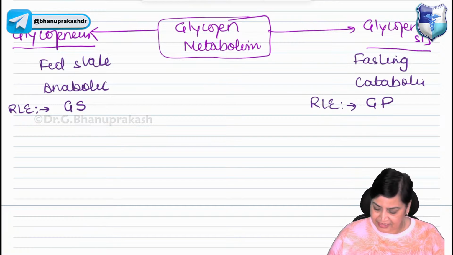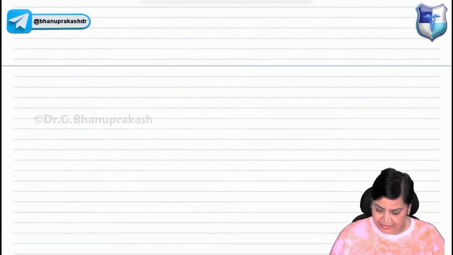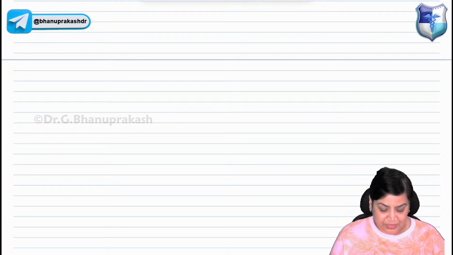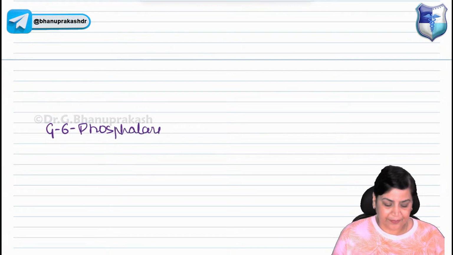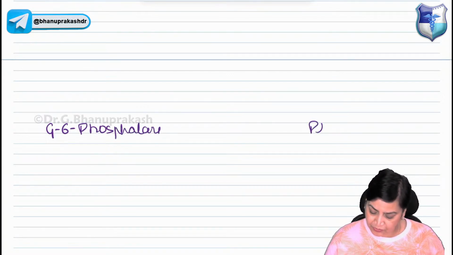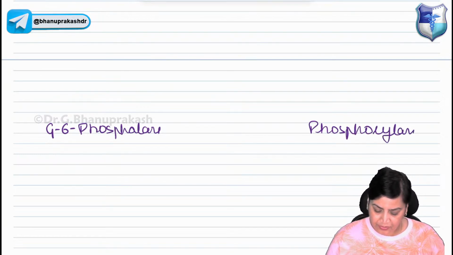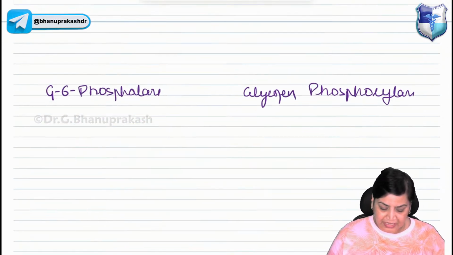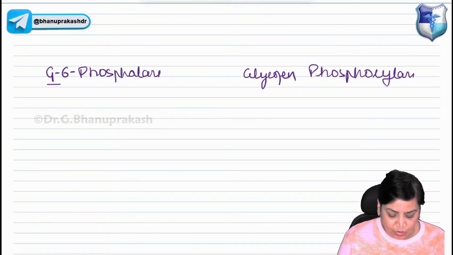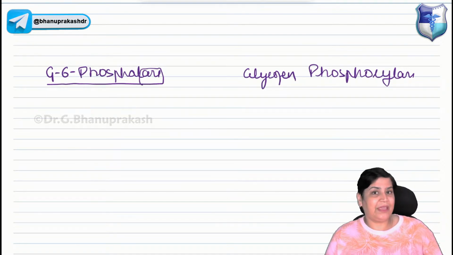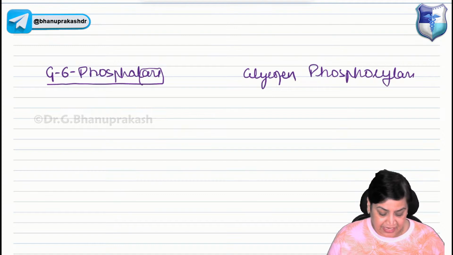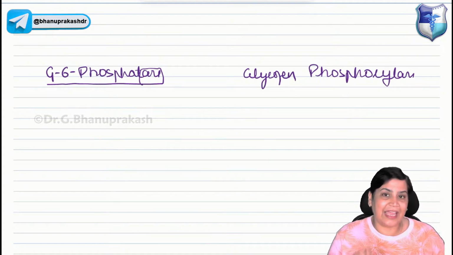See, since it is there now, I'll just try to explain you the difference. Sandeep, just pay attention here, beta. Look, this is glucose 6 phosphatase, and this is glycogen phosphorylase. Now beta, look, what is the basic difference? Do you know what the suffix ase means? Eating, digesting, like lipase, amylase. So glucose 6 phosphatase will digest phosphate.